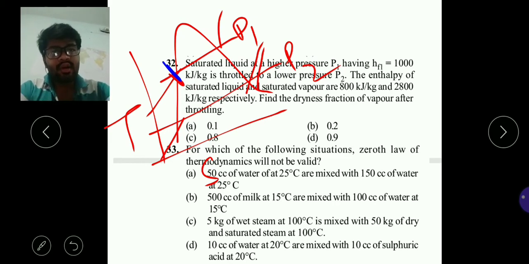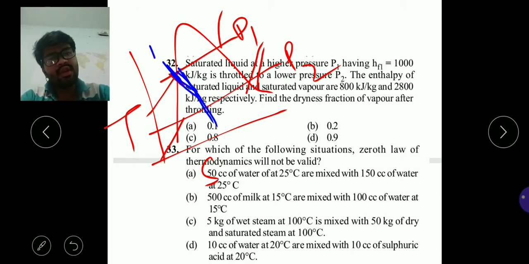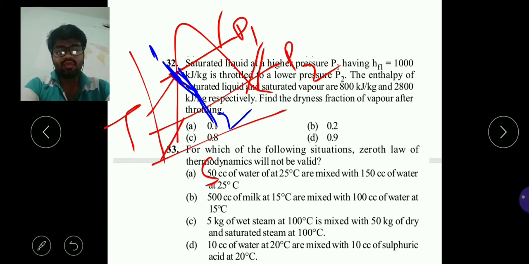From here, at constant enthalpy, throttling is a constant enthalpy process, so it is throttled to a pressure P2. Let this be point 1 and this be point 2. From point 1 it is throttled to point 2, which is at pressure P2.